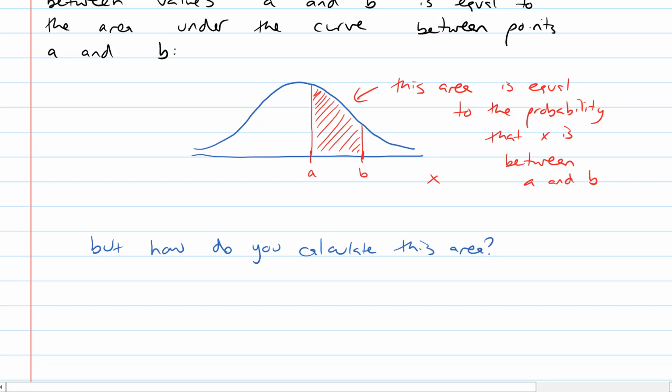Now, for those who have taken calculus, I'm sure that you'd appreciate that this is an integral. The problem is that this integral doesn't yield to our standard integration techniques, and so we have to use other alternatives.